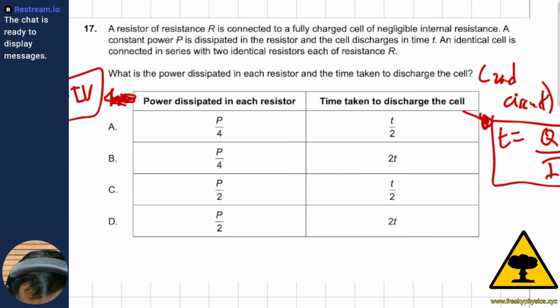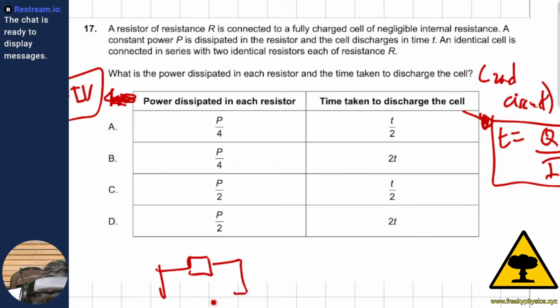Now if we look at the two circuits, on the first circuit, let's just draw the circuit real quick to make it easier to see. You have that, and then you have two resistors in series.